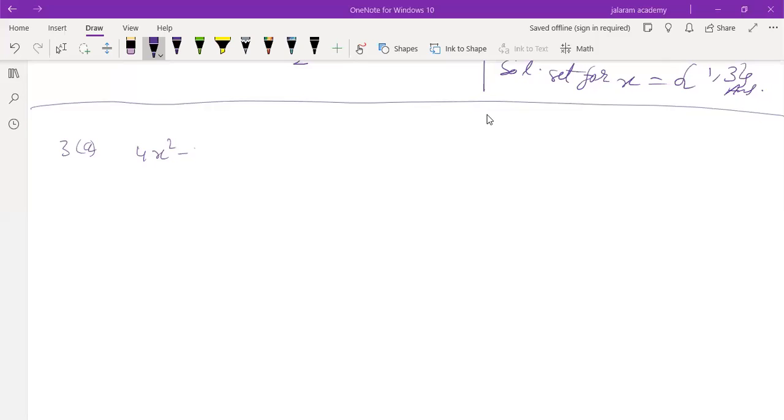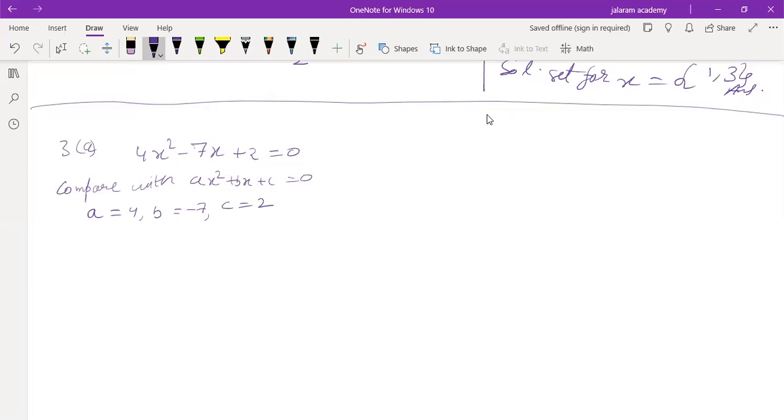Four x square minus 7x plus 2 equals 0. Okay. So how will you solve it? First we will compare with ax square plus bx plus c equals 0. A equals 4, b equals minus 7, c equals 2.